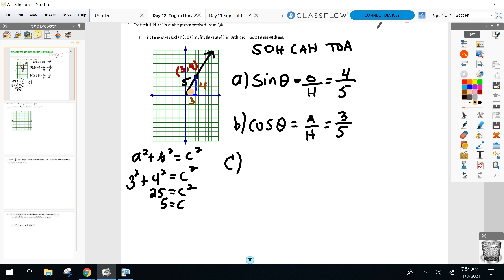Okay. So we have a decision to make right now. Do we want to do sine or cosine? There's no wrong answer. You want to do sine? Okay. So to find theta, how many degrees are in that angle in the first quadrant? We're going to do inverse sine. And what was the sine value we found already? 4/5. If you did cosine, it would be 3/5. So I'll do it with you. Everyone go to your calcs.